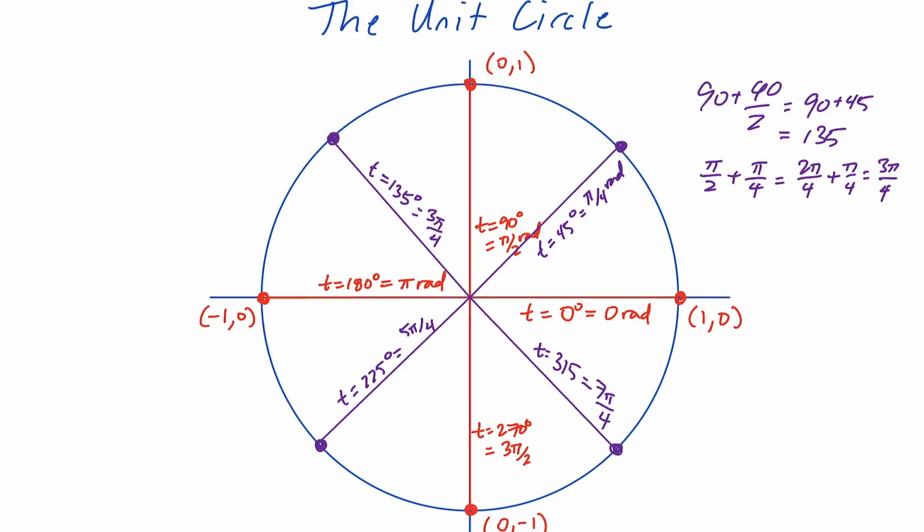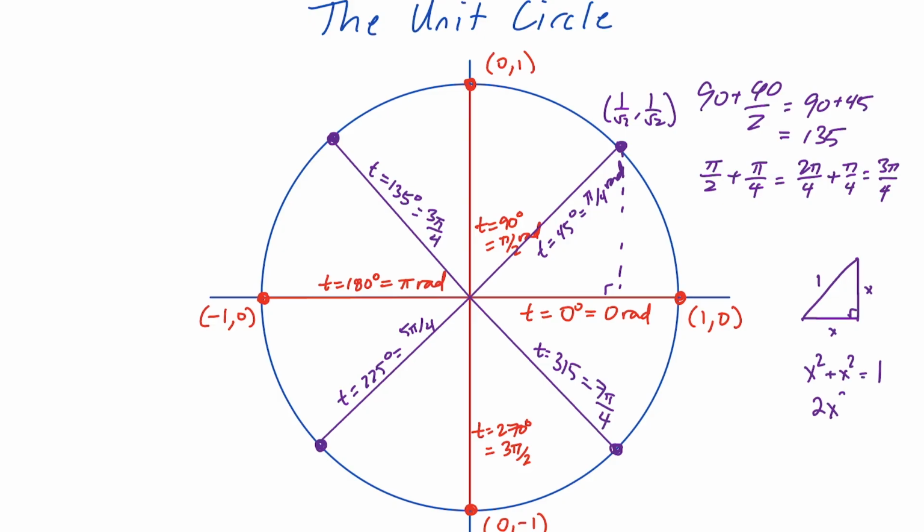The point corresponding to 45 degrees, that's 1 over root 2, 1 over root 2. Why is that the case? Well, if you make a little right triangle here, let's extract this right triangle. We know that the hypotenuse is 1, and I'll call this x, and because it's 45 degrees, this is also x. And we know x squared plus x squared is 1 by the Pythagorean theorem.